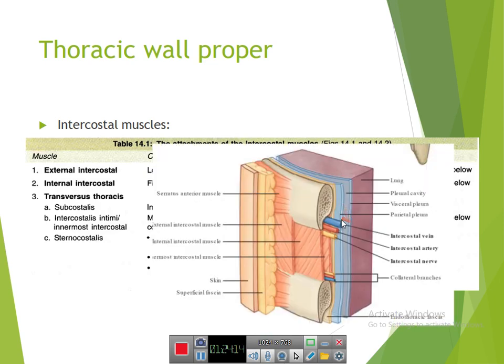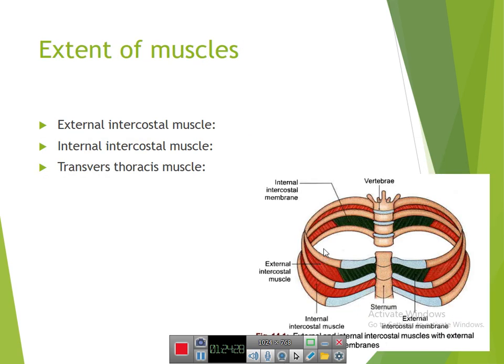In the next figure, you can see here external intercostal muscles, internal intercostal muscles, and innermost intercostal muscles. As I said before, the thoracic cage forms the skeletal framework of the wall of the thorax. The gaps between the ribs are called intercostal spaces.